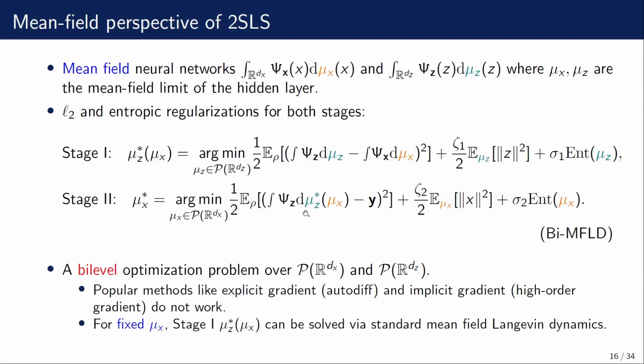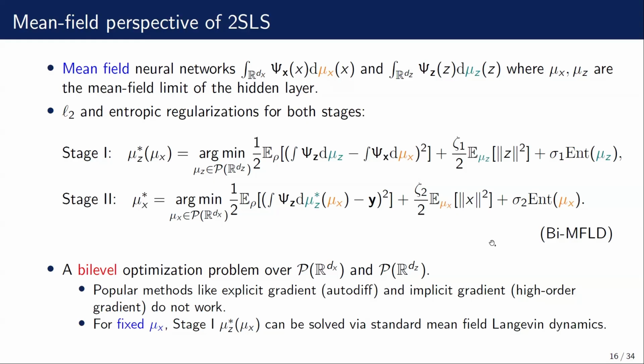Okay, so then we do the same trick. We do the mean field limit. We now have two mean field neural networks. So the mean field limit is the distribution mu_x, and the other mean field distribution mu_z. And we add appropriate regularizations for both stages: L2 norm regularization and entropy regularization in both stages.